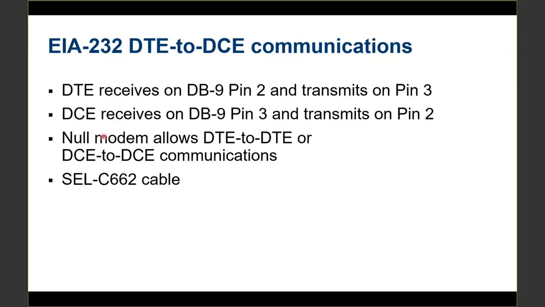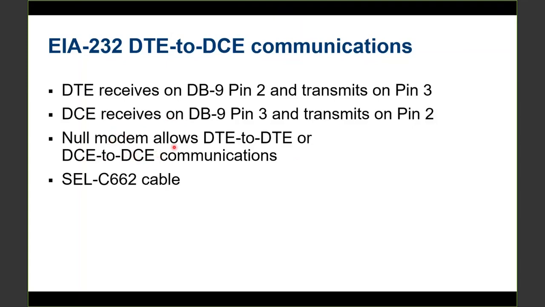So pin 7 on one side is connected to pin 8 on the other for hardware handshaking, and vice versa. And so a null modem cable allows for 2 DTE devices to talk to each other, because now they have the same pin out, so we need to roll the transmit to be connected to the receive, and vice versa. And then DCE to DCE communications also will have that same requirement.